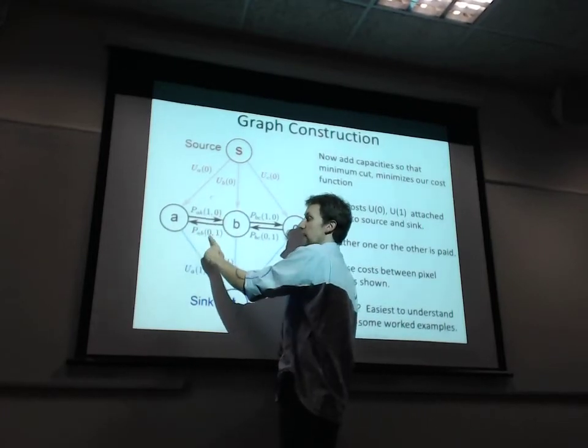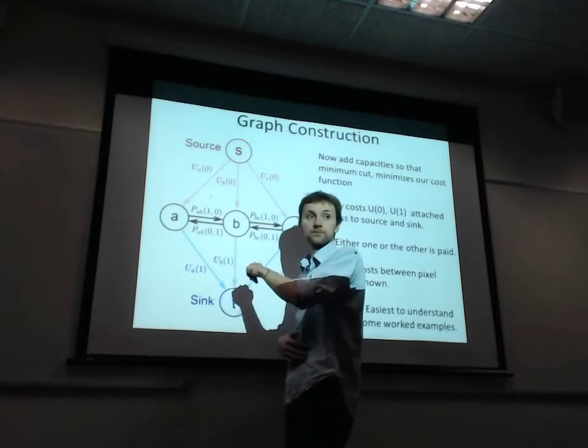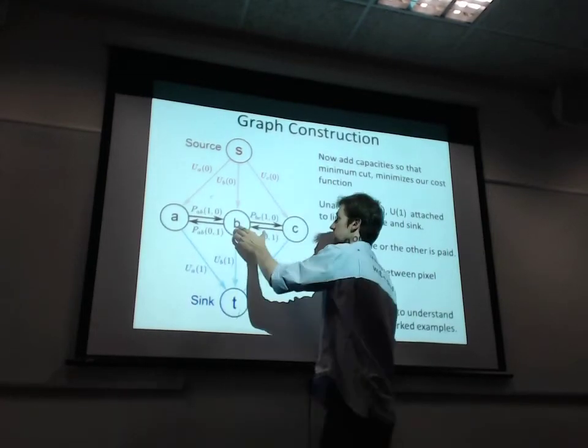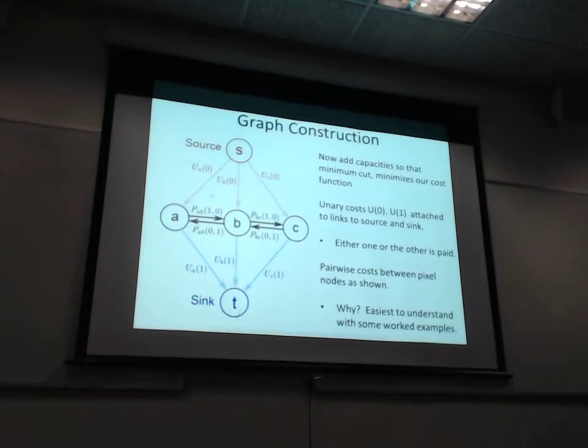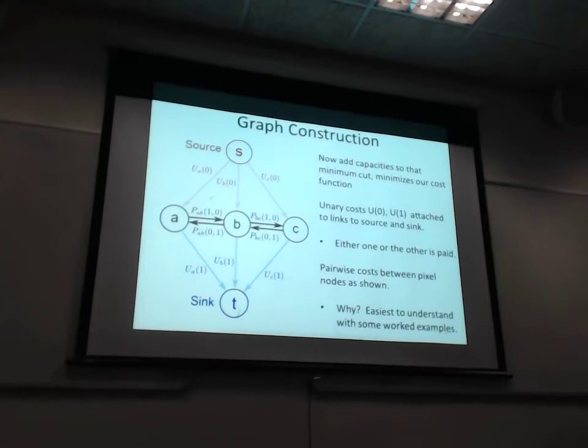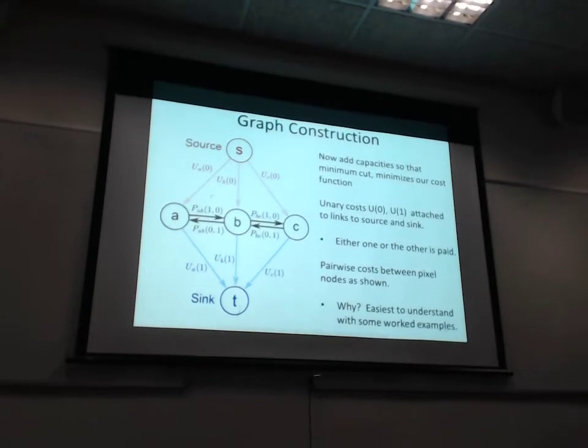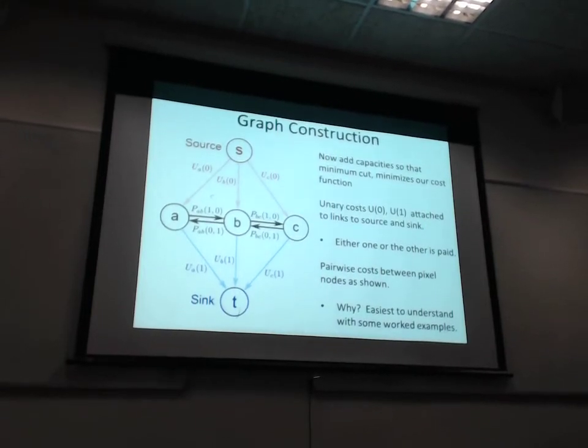So that's for A being 0 and B being 1. Similarly between B and C. So far, shouldn't be so bad, right? We've just transferred our costs, unary and pairwise, that we know we wanted to enforce into our graph construction. All right.